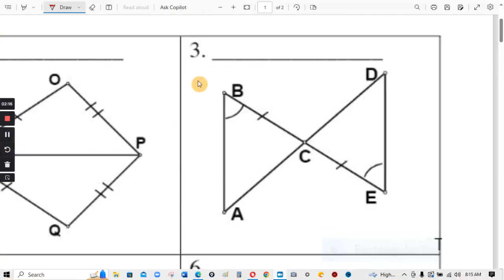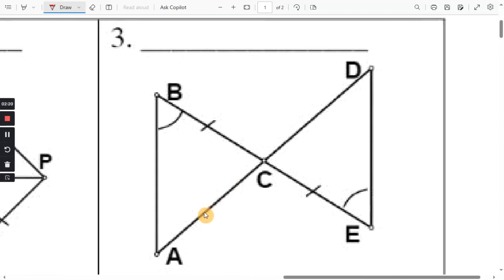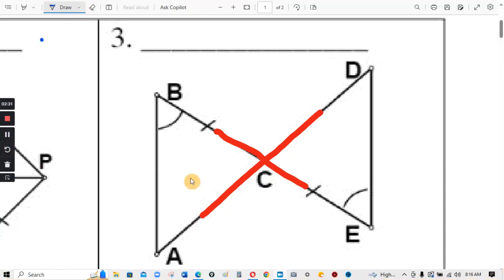All right, let's look at number 3. Notice on number 3, we have this X shape right here. We have this line segment and this line segment right here. So when you have the X shape like that, you can mark the angles across from each other congruent.